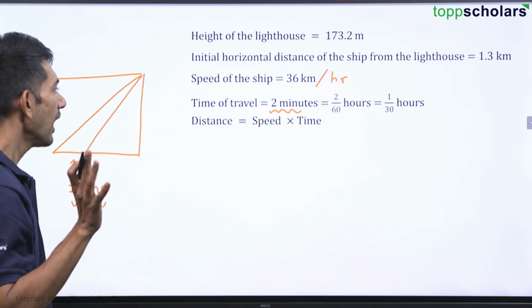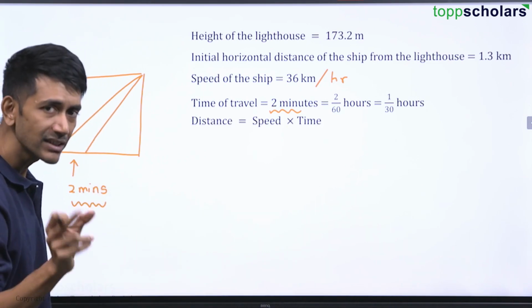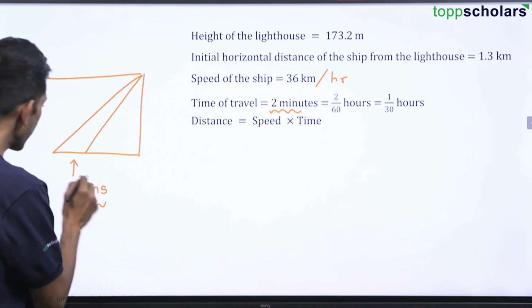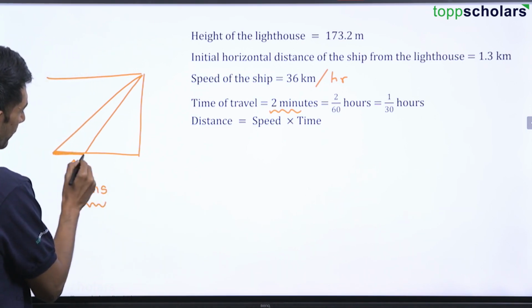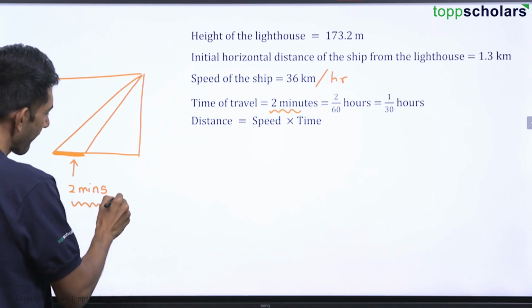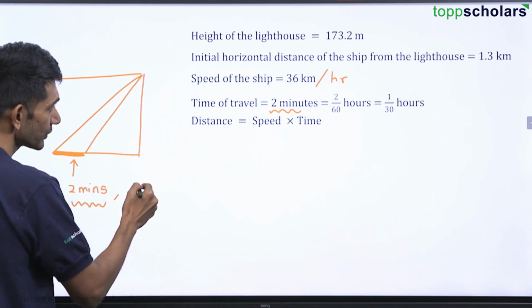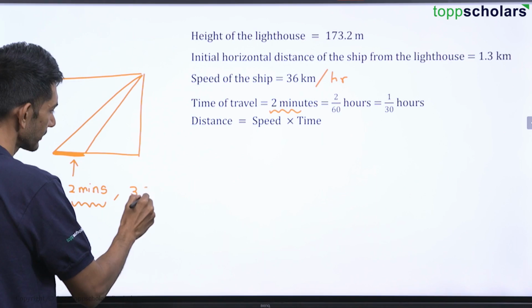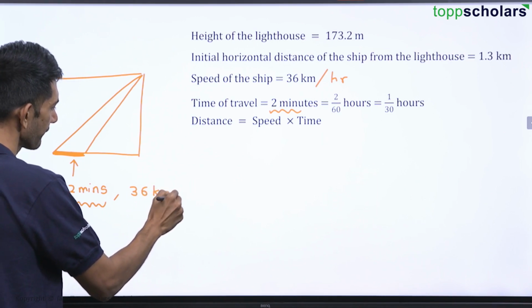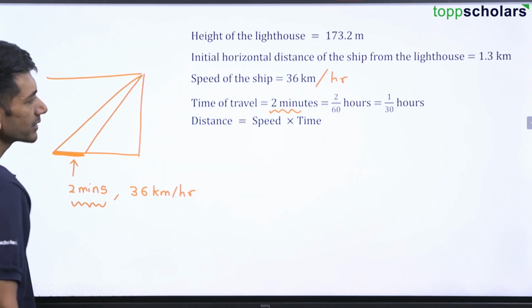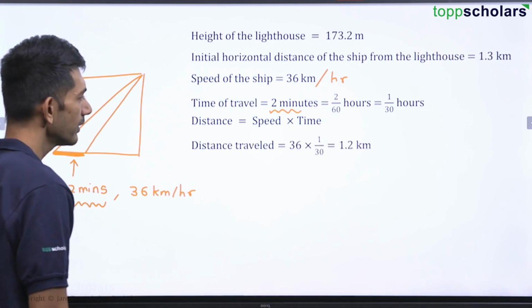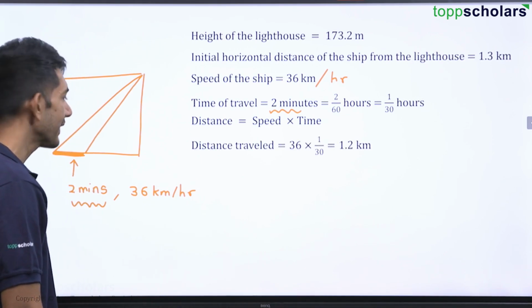Now, how can I find out the distance? I know that distance is given by speed into time. I'm trying to calculate this particular distance. I know the time here. I know the speed here. Speed is 36, right? So what will be the distance? Distance will be speed into time, that is 36 into 1 by 30, that is 1.2 kilometers.